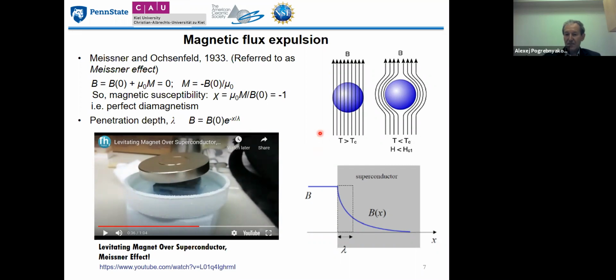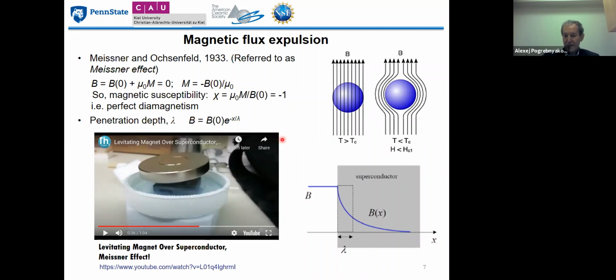So what happens actually is that the magnetic flux is zero in the interior of the sample, but the magnetic field penetrates into the surface of the superconductor, and according to this expression it has an exponential dependence, and the length constant is called the penetration depth, marked here as lambda.